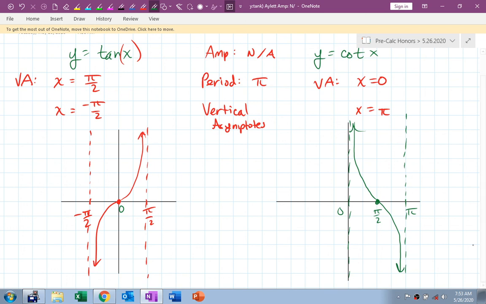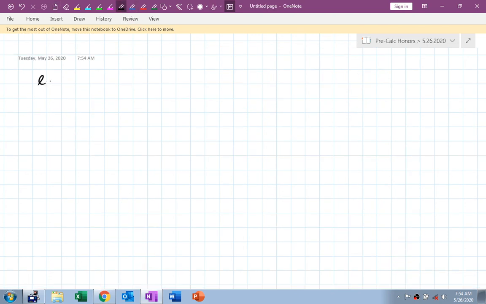I know I'm over my half-hour, but I want to do one where you find the asymptotes, so you can see that it's not always 0 and pi, or negative 2 pi and positive 2 pi. So let's say we do the tangent of 5x. You just need to find your vertical asymptotes.